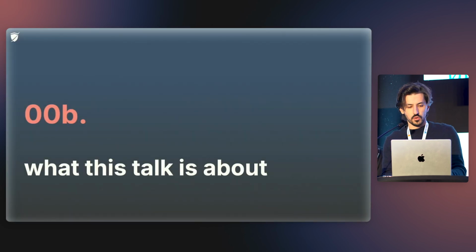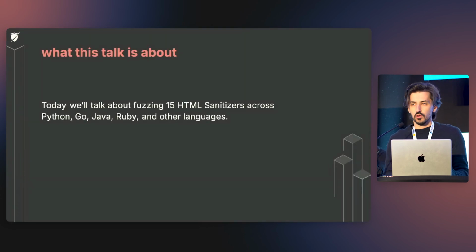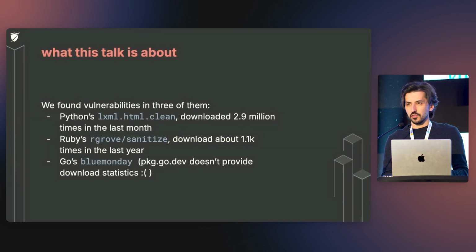So what's today's talk about? We'll talk about fuzzing 15 HTML sanitizers across the most popular programming languages like Python, Go, Java, JavaScript, and Ruby. And we managed to find 3 vulnerabilities. The first one was in Python, in the lxml.html.clean library, which for reference was downloaded 3 million times in the last month.